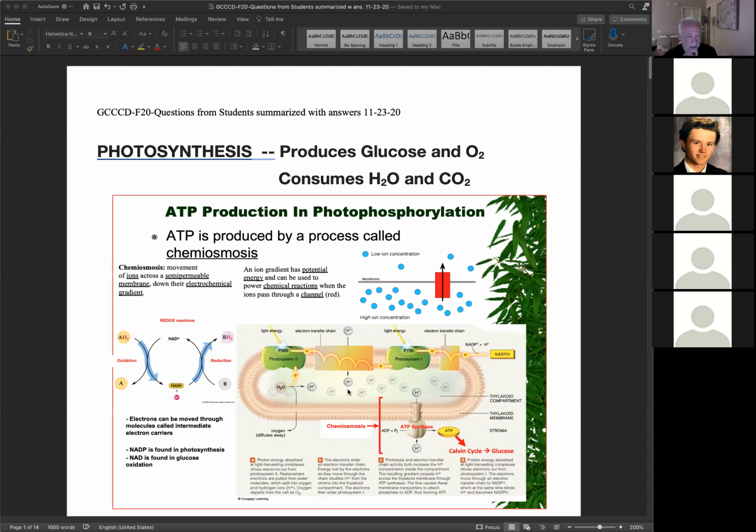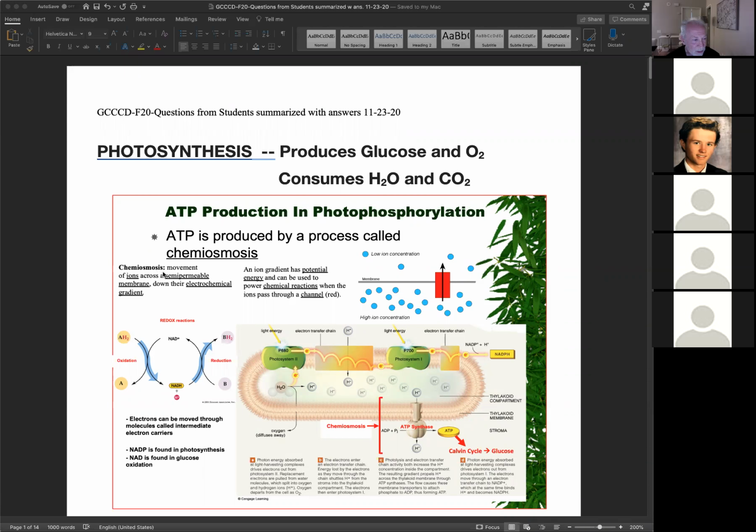A lot of you asked about chemiosmosis. Well, chemiosmosis happens within the membrane, and it's coupled to the electron transport chain. And so this little diagram here at the top right with the blue dots, it illustrates what chemiosmosis is.